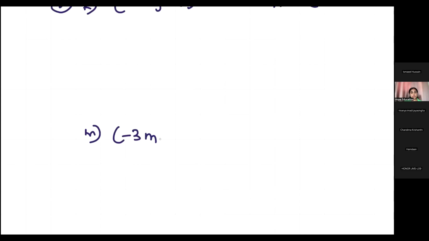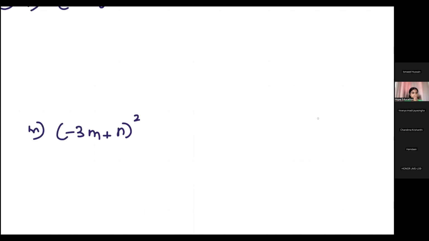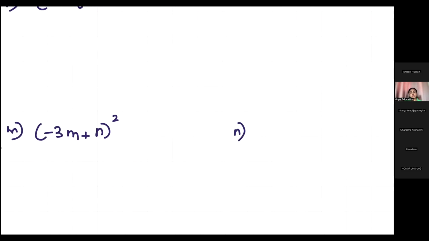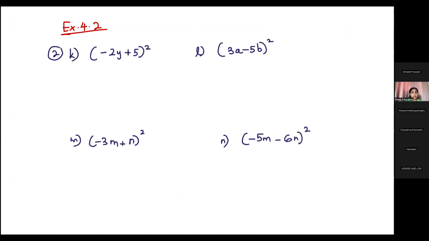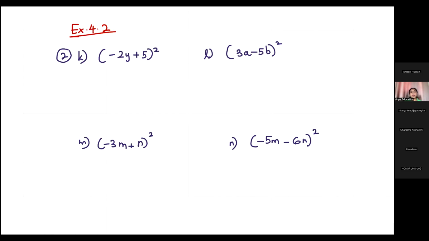Because some of you said you don't have the textbook, that's why I'm writing the questions on the board. Then N is minus 5m minus 6n squared. Okay, quickly do this. I think I'll give you 6 minutes. I will set a timer.